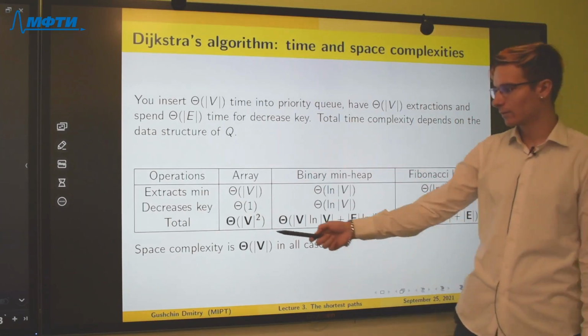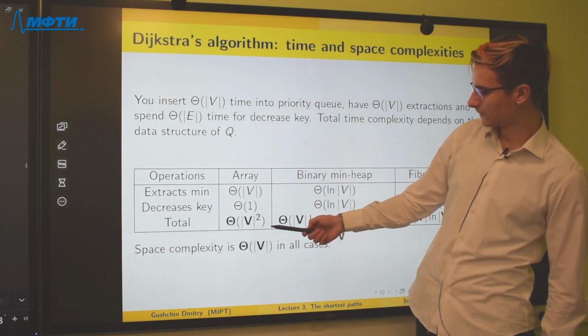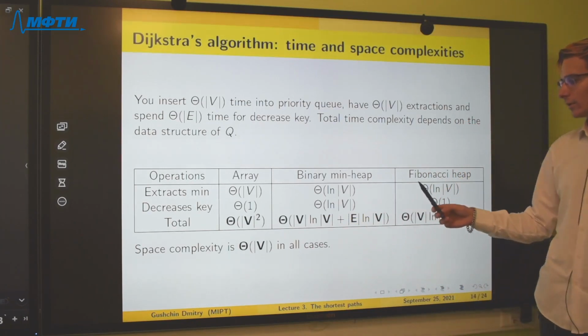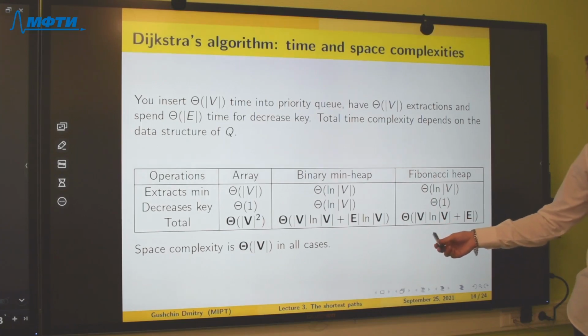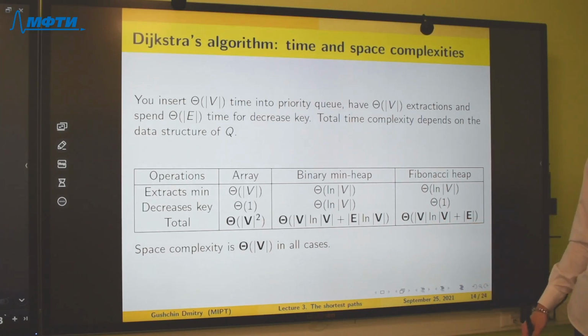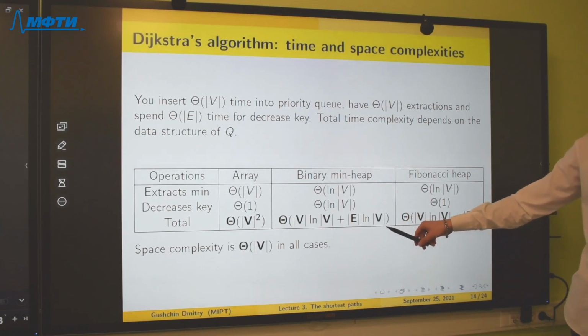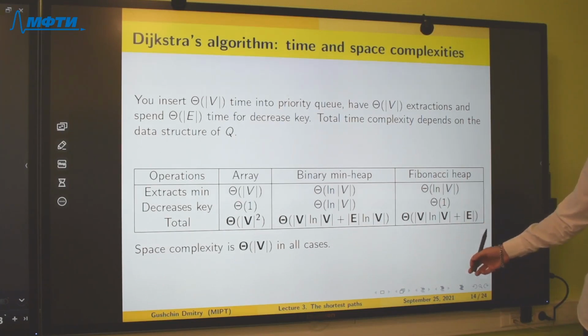So we get this bad asymptotic time complexity. So if you use other heaps, it will give better time complexities. But of course we get a logarithm of the number of vertices.